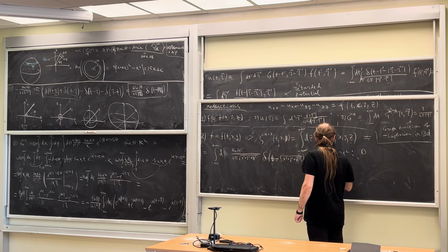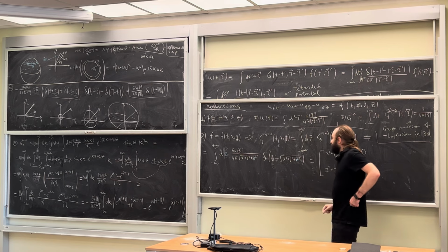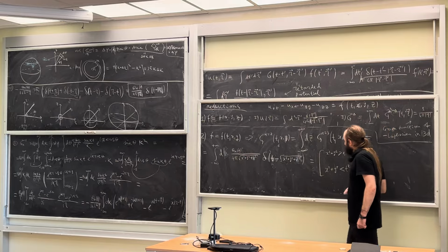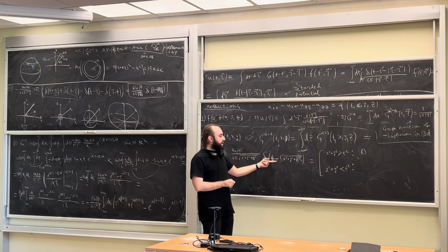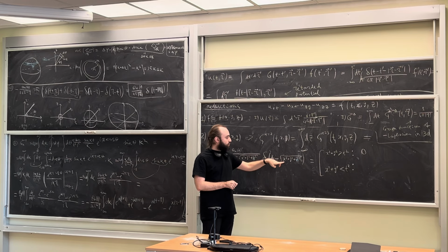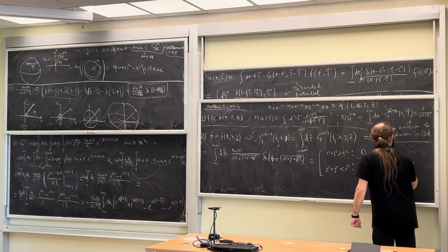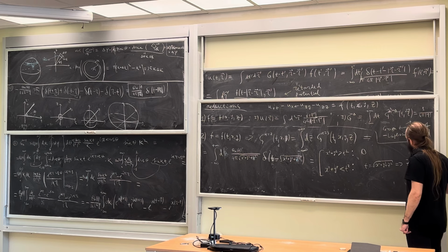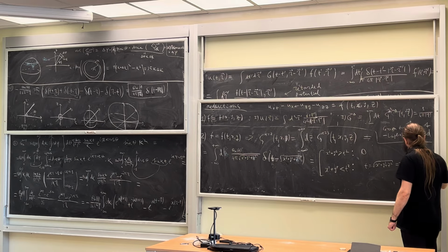And if x squared plus y squared is less than t squared, then we can find two solutions of the equation t equals the square root. z should equal plus minus the square root of t squared minus x squared minus y squared.